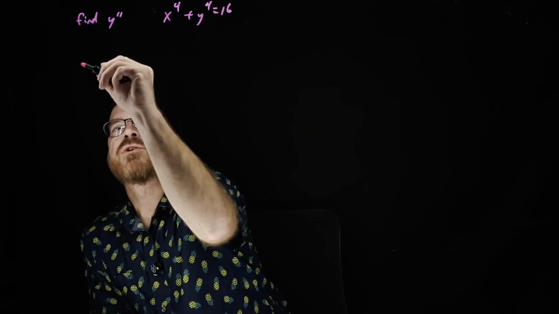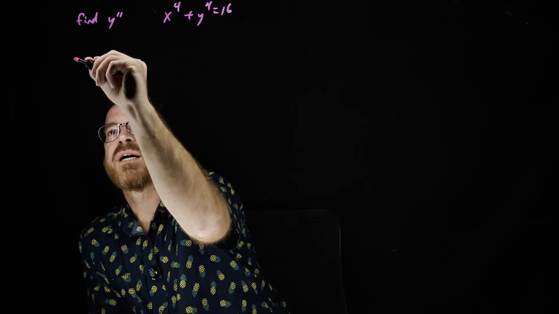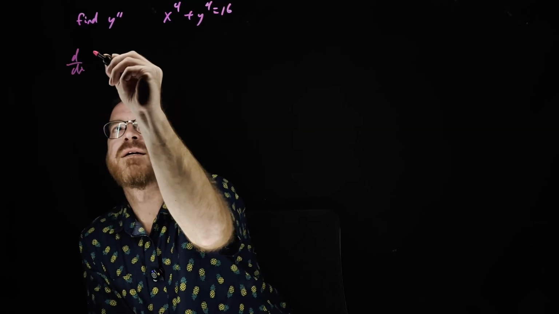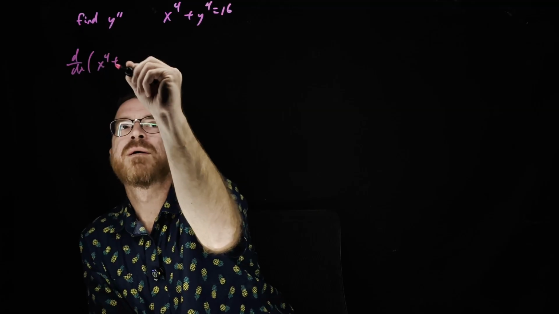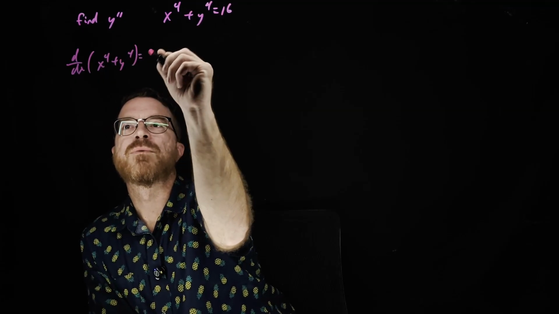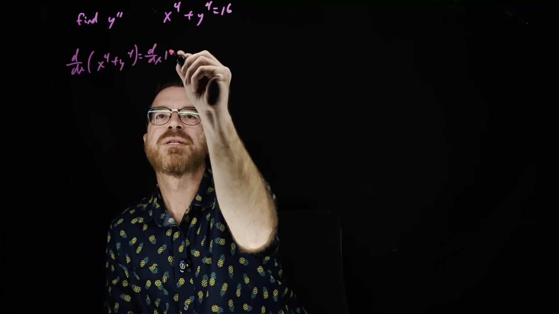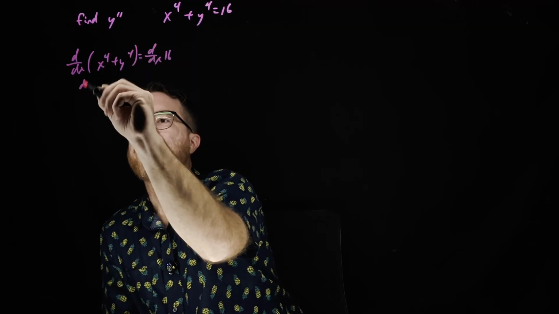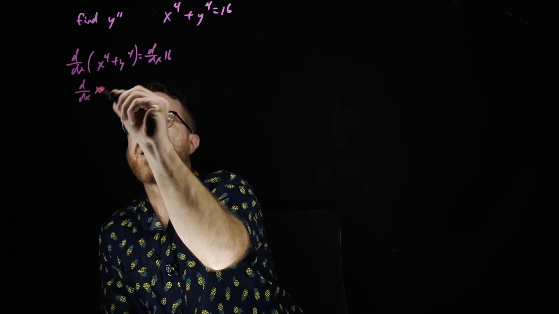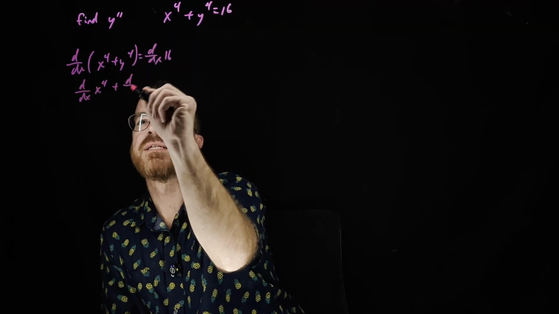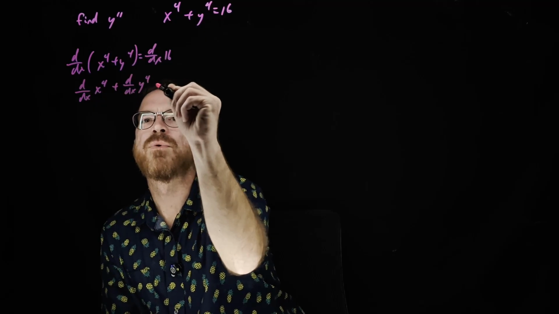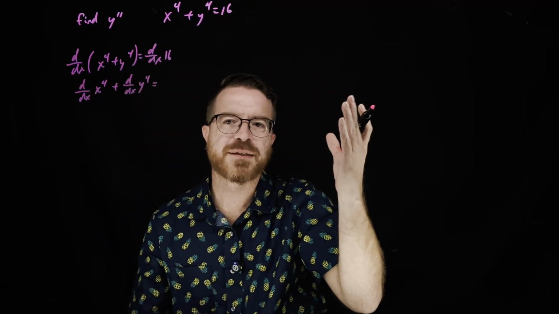So first things first, we're going to take the derivative of both sides. So d/dx of x to the fourth plus y to the fourth equals d/dx of 16. We are then going to take d/dx of x to the fourth plus d/dx of y to the fourth equals d/dx of a constant, right?